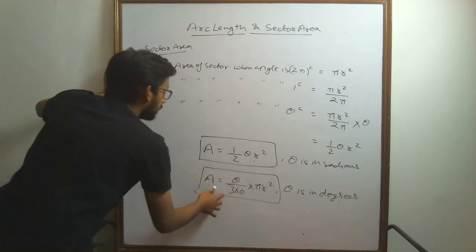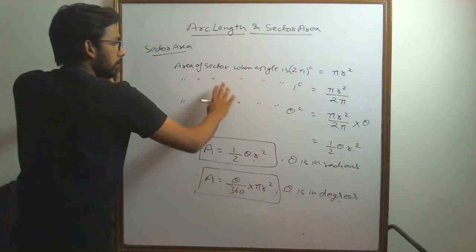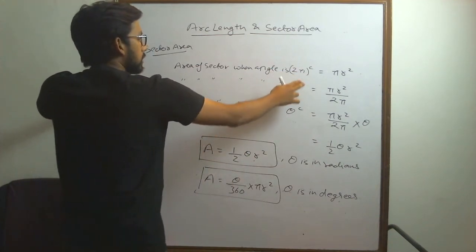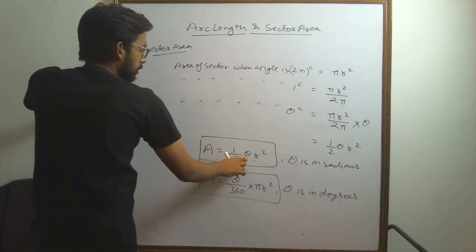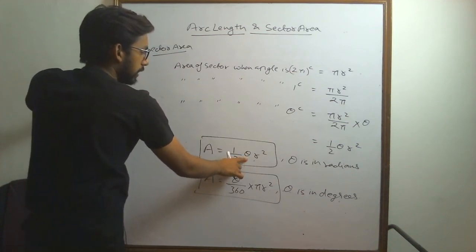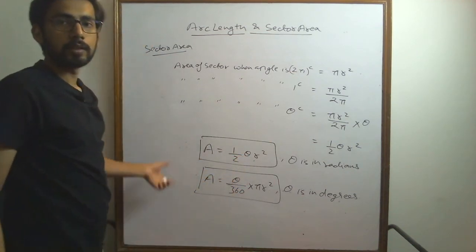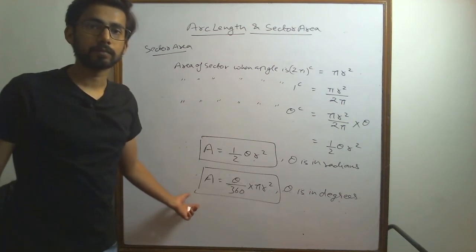Again, this formula can be got by the same method here, but instead of taking angle in radians, we'll take angle in degrees, or by changing the angle here, which is in radians, to degrees to get the second formula.